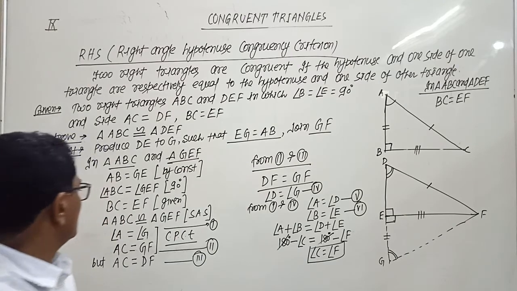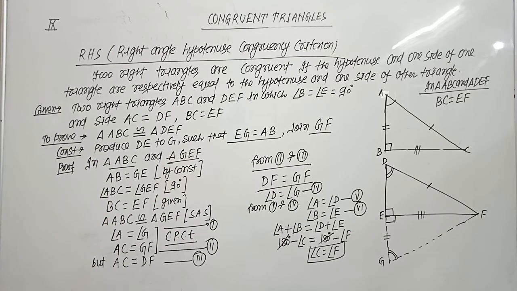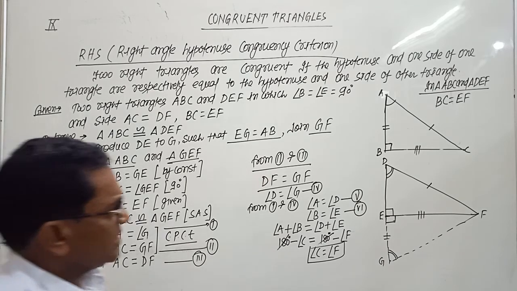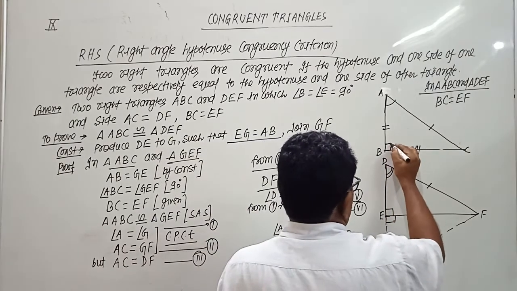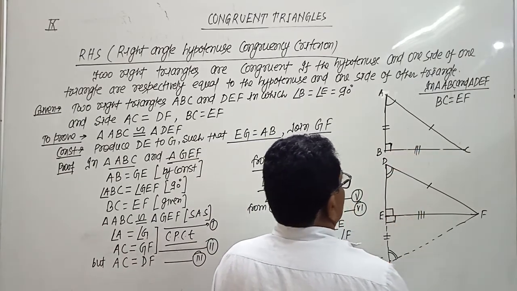BC equals EF, and angle B equals angle E, 90 degrees.